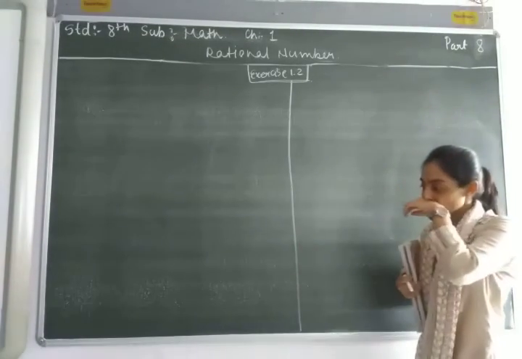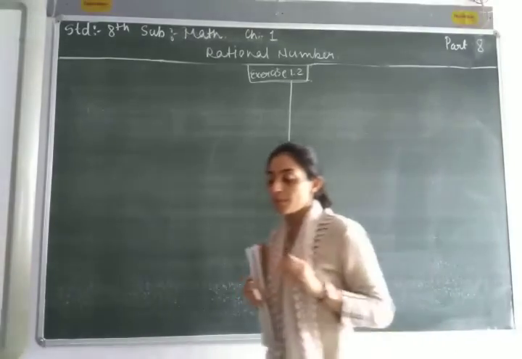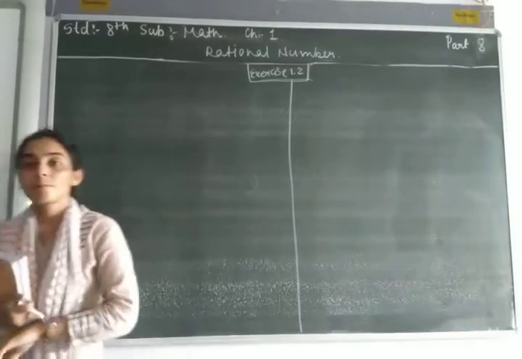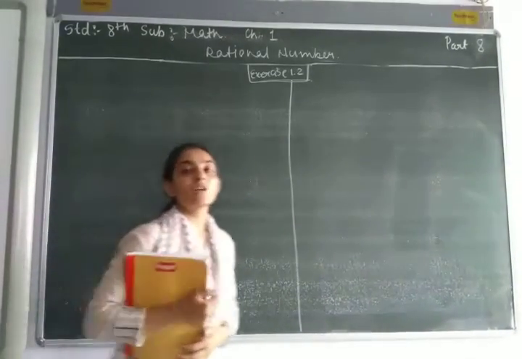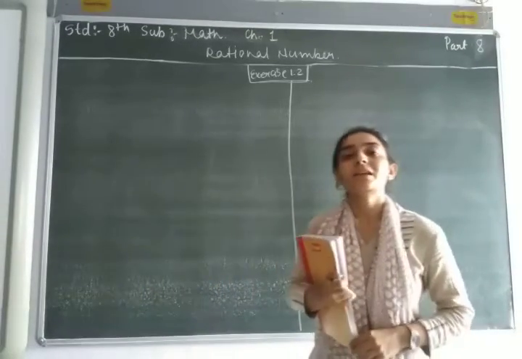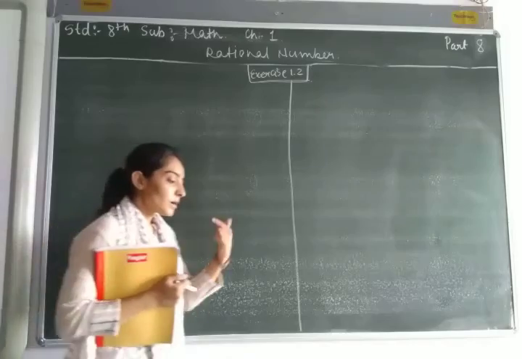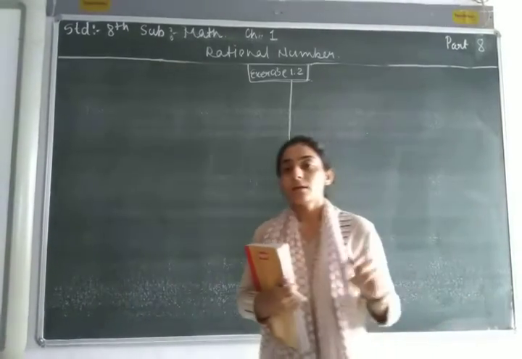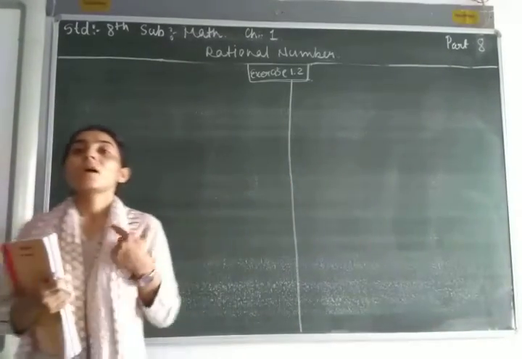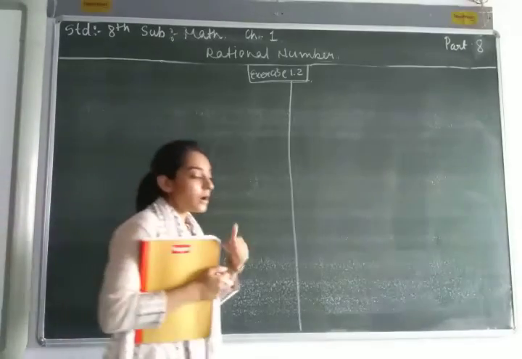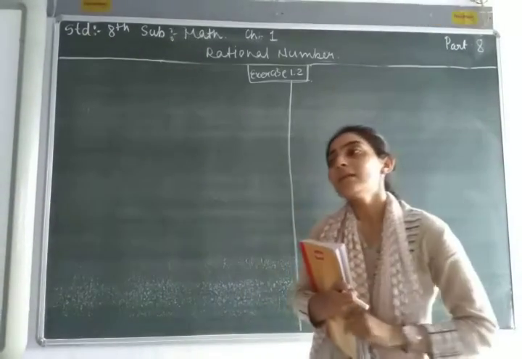In the previous videos you have learned the properties of a rational number such as closure property, associativity property, commutativity property, distribution, identity property, what is the additive identity, multiplicative identity, additive inverse, multiplicative inverse.